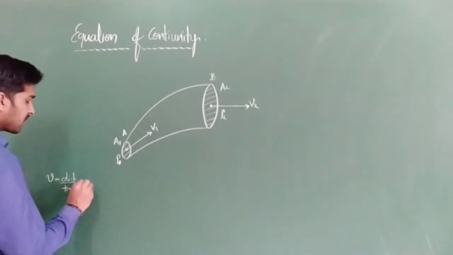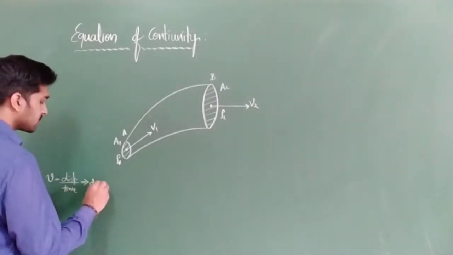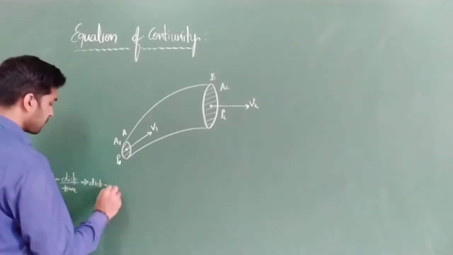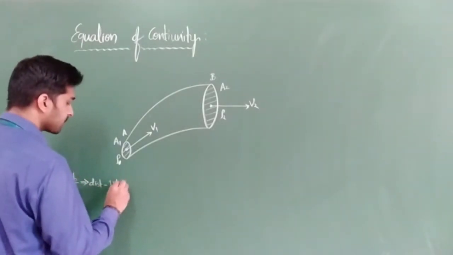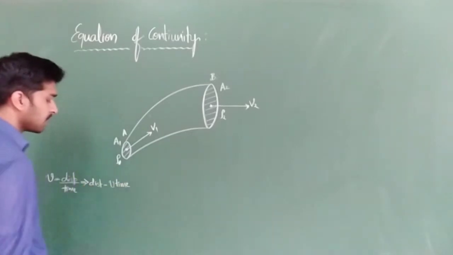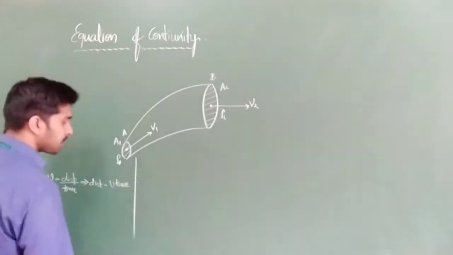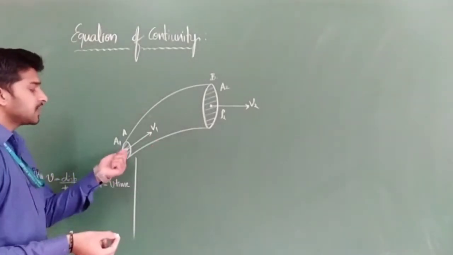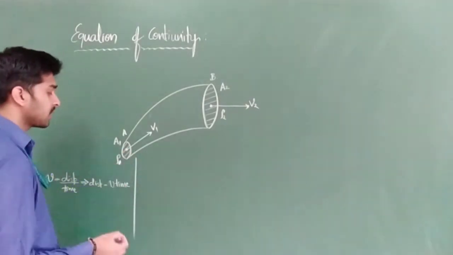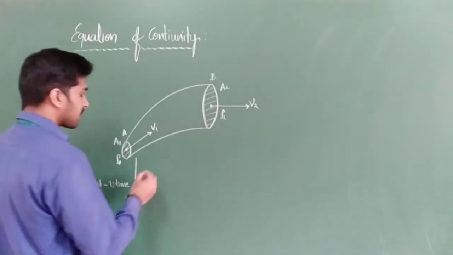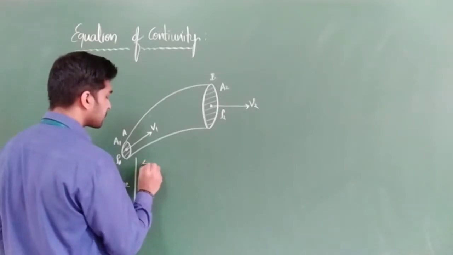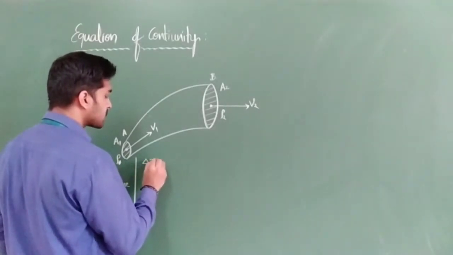From this what can I write? Distance is equal to v into time. Clear? So the distance covered by the fluid particle at this point we consider as delta x1.